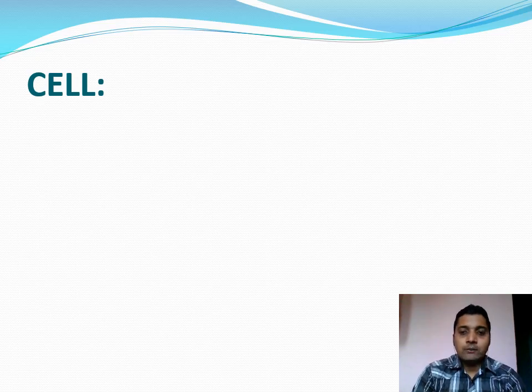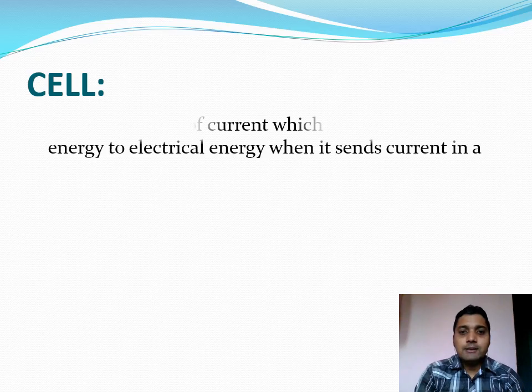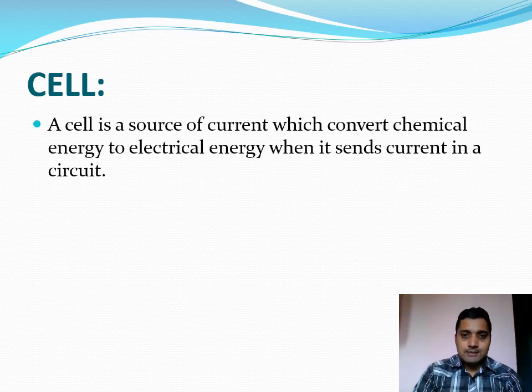The same we get in a remote, in a clock, in our mobile phone, and the inverter battery; all these are in the category of cell. When it sends current in a circuit, whenever the cell is in use, it converts the chemical energy stored inside it to electric energy.